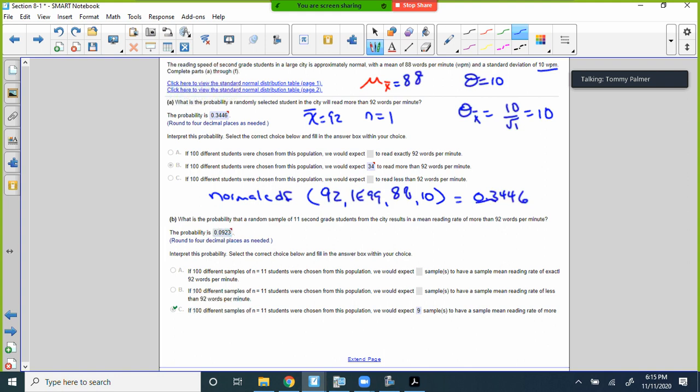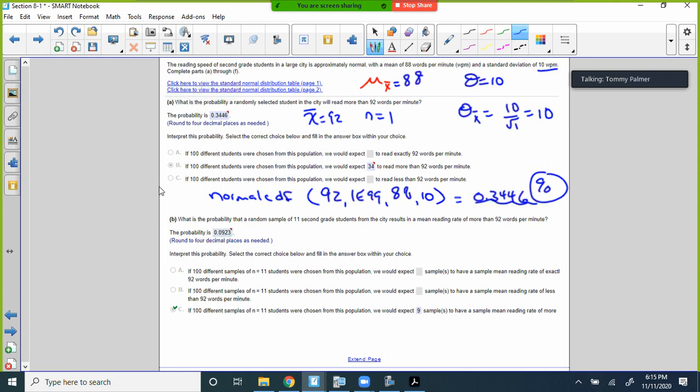Because we're dealing with a percent, and if you have 100, each one is 1%. So if 100 different samples of students were chosen, we could look at it from individual percents.